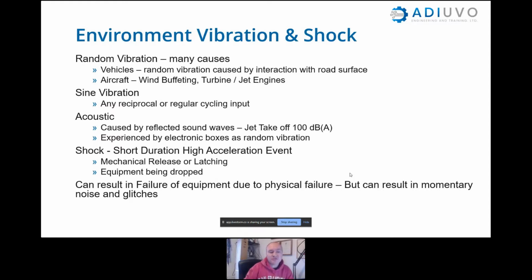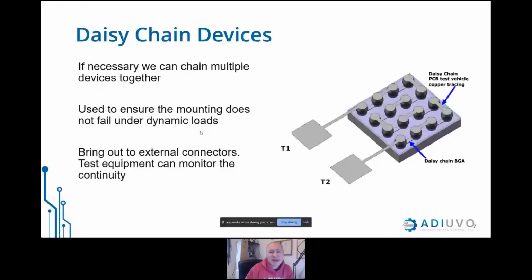So while we do see some of these as very physical failure modes, they can also occur in electrical systems and cause us some issues in our electronics. There are ways we can get around this if we want to.